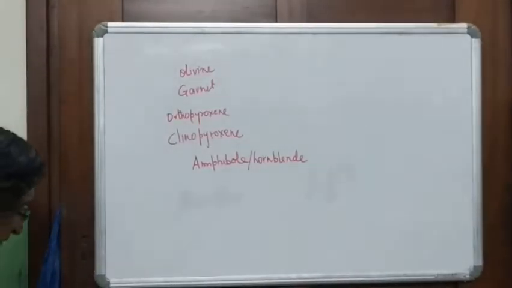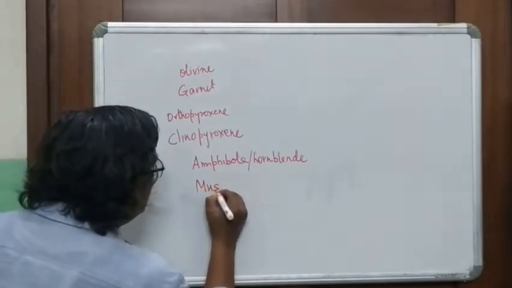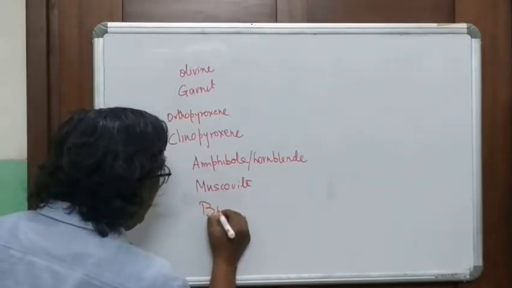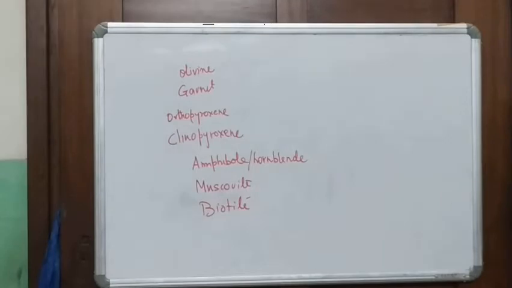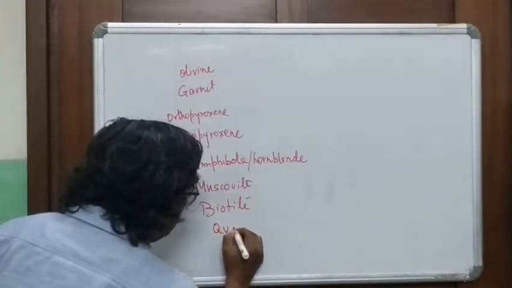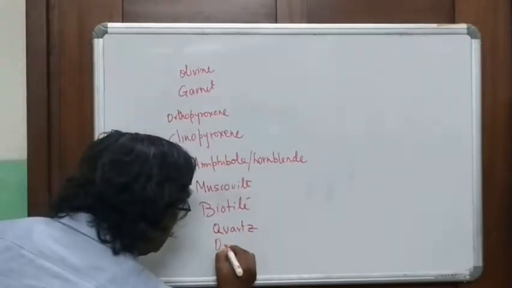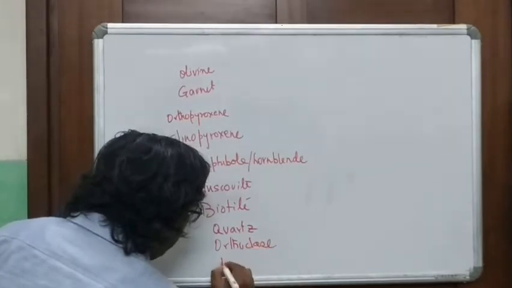And then we have another mineral, muscovite, and a mineral called biotite. And then you have three minerals which are very important: quartz, orthoclase, and plagioclase.